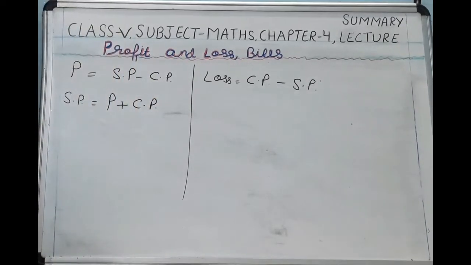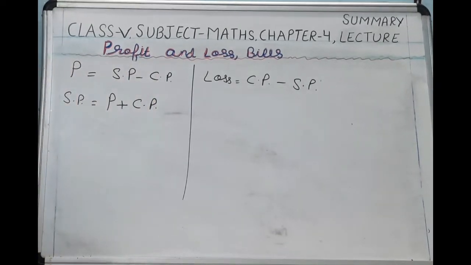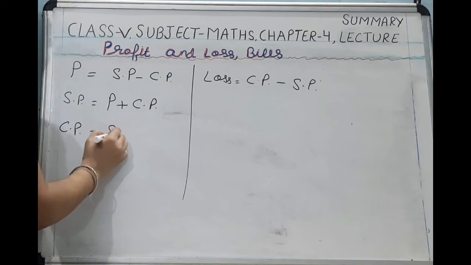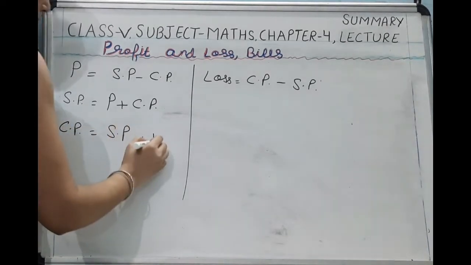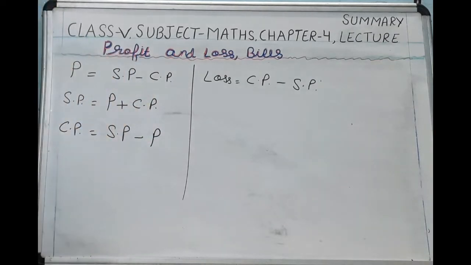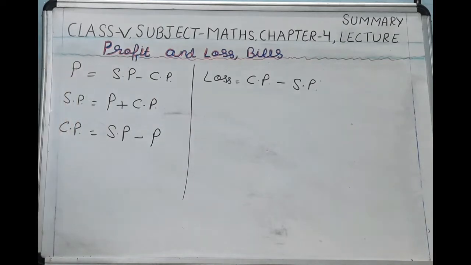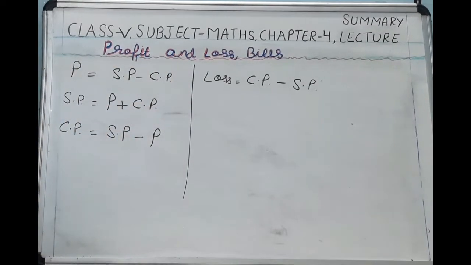It will become profit plus cost price. Cost price was with minus sign, it has shifted with plus sign. So selling price is profit plus cost price. And if we want cost price, it will be selling price minus profit. Understood? Cost price is equal to selling price minus profit. So out of these three, if any two are given, we can find out the third one.